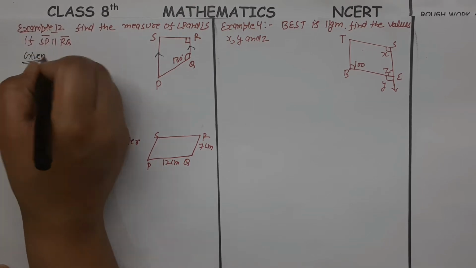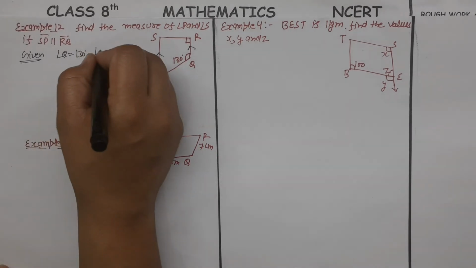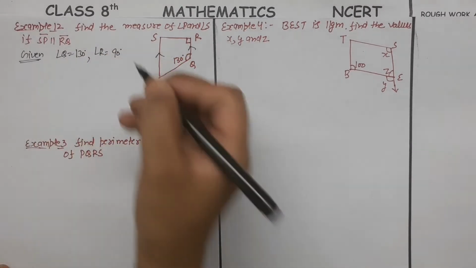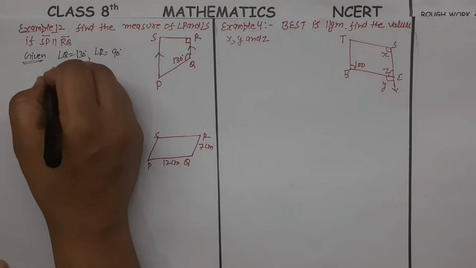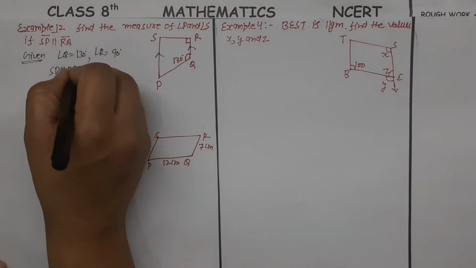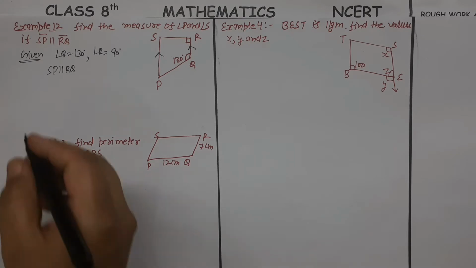Given angle Q is 130, angle R is 90 degrees. SP is parallel to RQ. Here we have to find angle P and angle S.